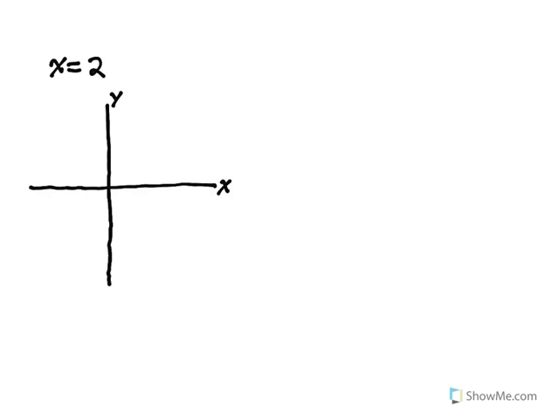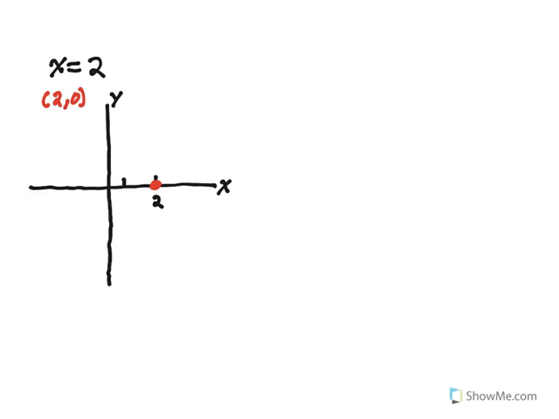If you're given this situation where you have x equals 2, and you're asked to graph that, then what you got to keep in mind, don't forget, this is your x, this is your y. x equals 2, well, let's plot that. 1, 2, here's 2. So that means that point is right there on the x-axis at 2. If you were to write this in coordinate form, then that literally would read 2, 0.